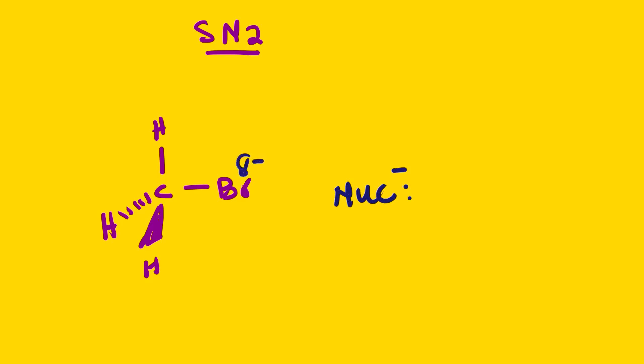So if this is partially negative and the negative charge from the nucleophile, we are going to have a force of repulsion. So that is why it will attack from the back. That is the stereospecific of SN2 reaction, to attack from the back.